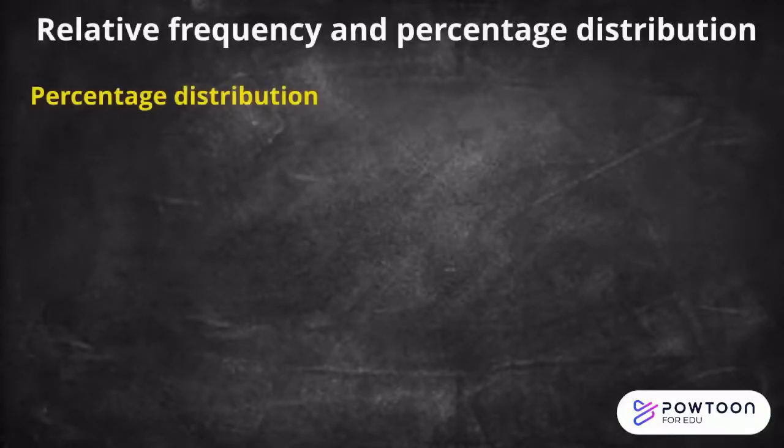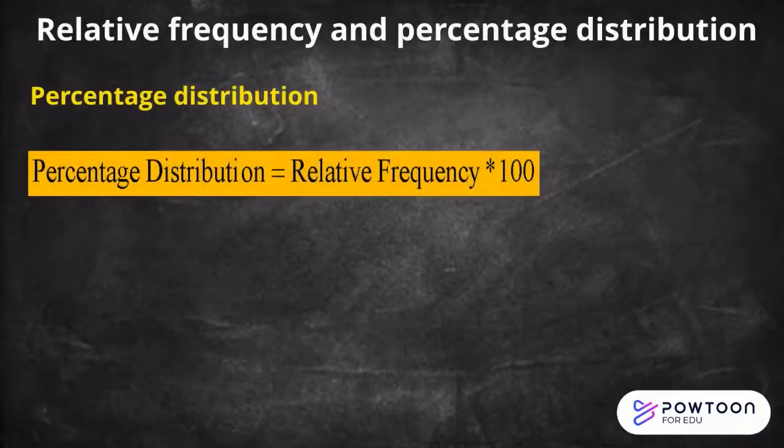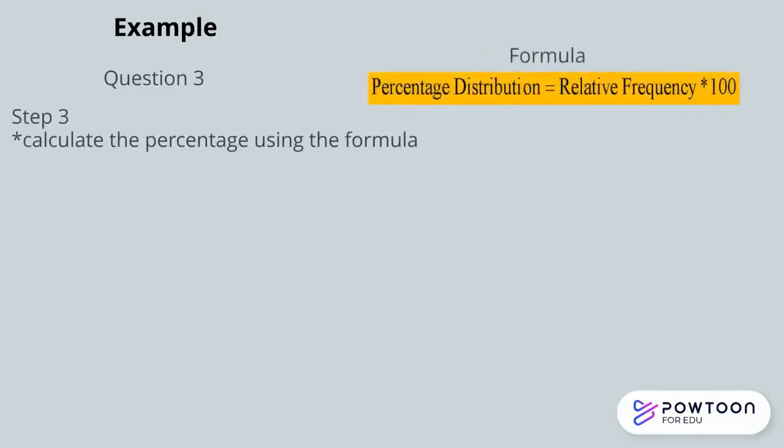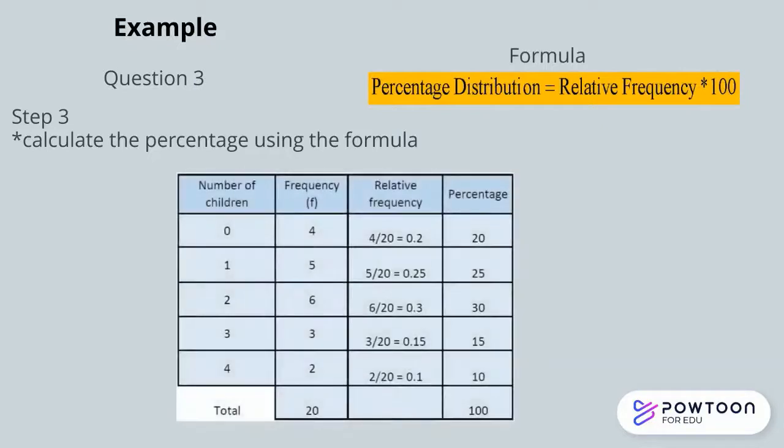Percentage distribution. To find the percentage distribution, you have to use this formula, which is relative frequency times 100. Let's do the question. After you find the relative frequency, step 3. Calculate the percentage using the formula. For this, you just have to focus on the relative frequency.